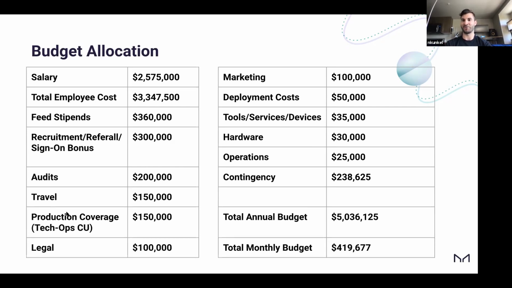Over half of our team would just be DevOps. But TechOps already has that coverage, already has those employees, and is doing monitoring for not just the Oracles, but for the entire Maker protocol. So we will outsource the 24/7 coverage over to the TechOps core unit. And so this budget is what we estimate TechOps is going to charge us on an annual basis for what we want them to do.